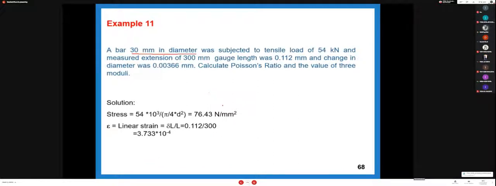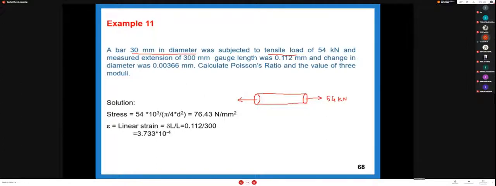Here 30 diameter was subjected to a tensile load. So diameter means the cross section is circular. So we have considered one circular rod which is under the effect of external force, here tensile load. So we have applied the tensile 54 kilonewton, in this way.